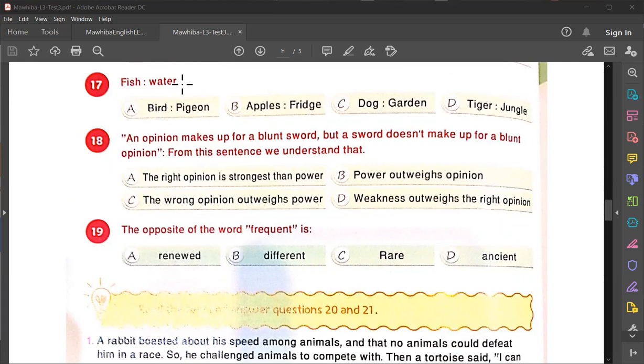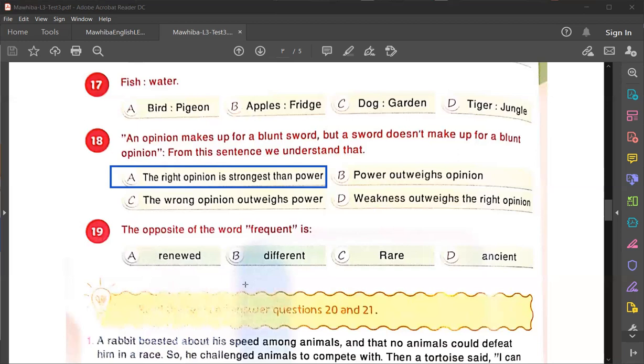The correct answer is A, right. So, what does it mean here? The right opinion can break the sharpness of the sword, which means that it makes it lose its strength, and the opposite isn't true. So the answer is A.